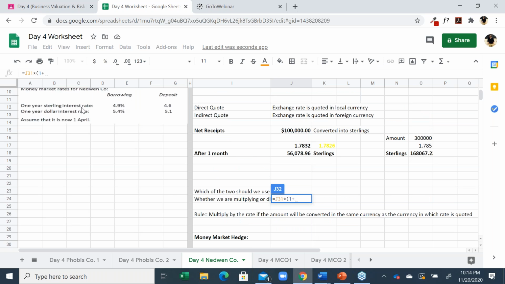Borrowing rate of dollar, it's 5.4%. And it is for 1 year, right? It's for 1 year. Since we are borrowing dollars, therefore we should use the borrowing rate of dollars. Simple.